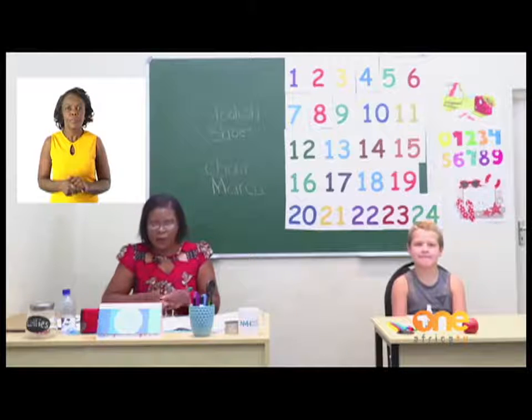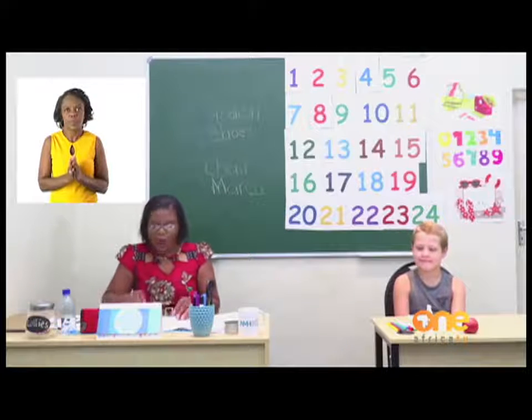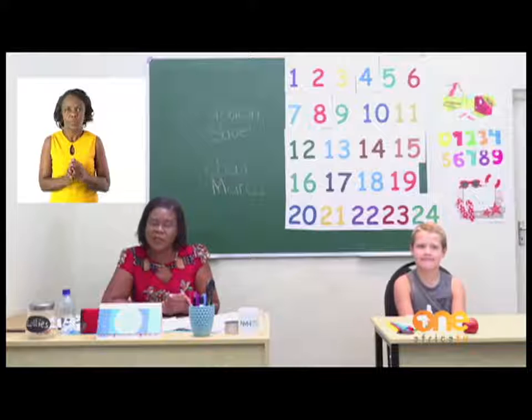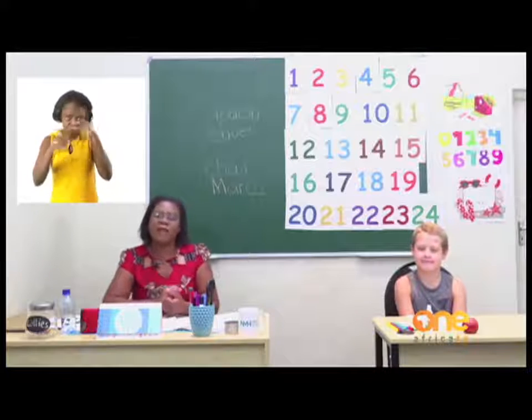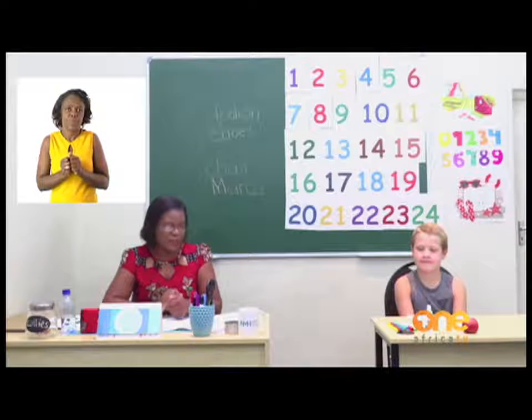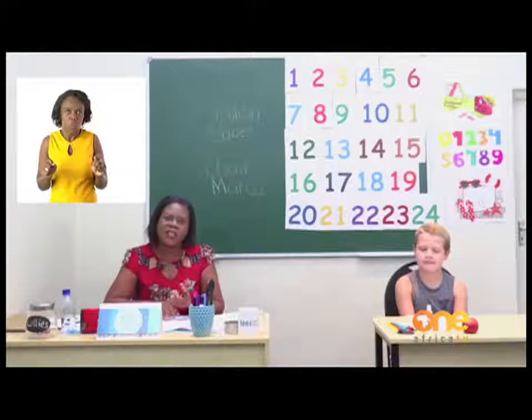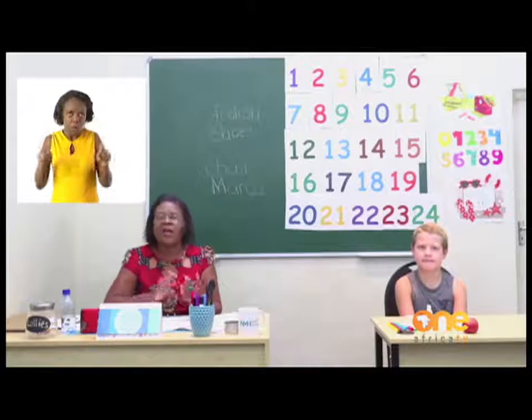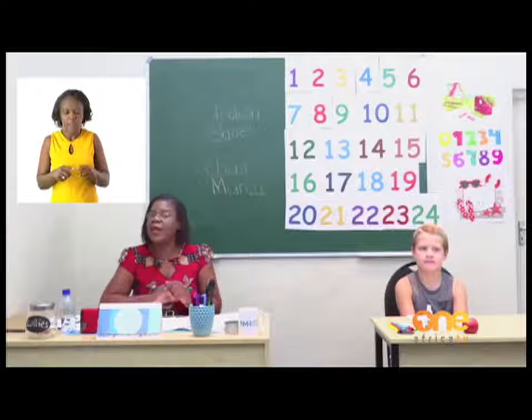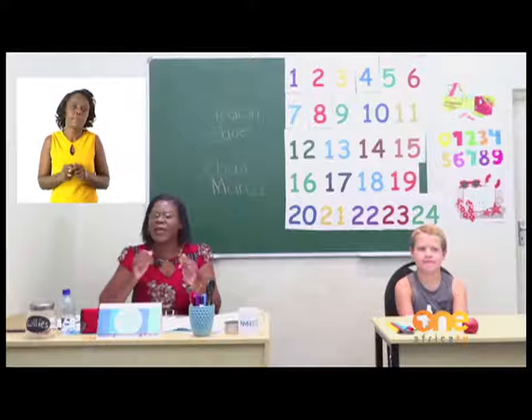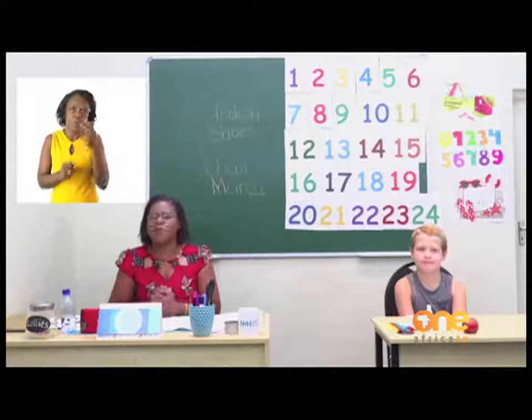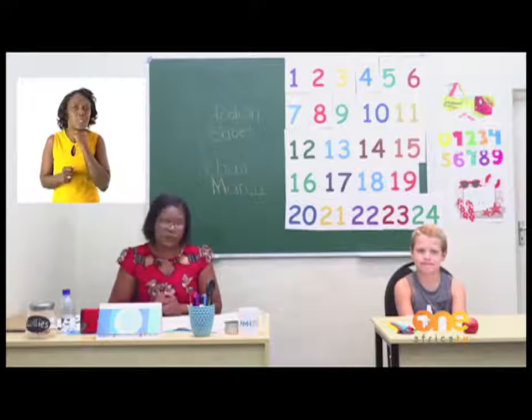Now, I would like to know if you still remember what we have learned so far. Remember, we have done the shapes. We have only done 3 shapes: the circle, the triangle, and the square. And after that, we have learned 2 sounds that always confuse us. Which sounds are those?